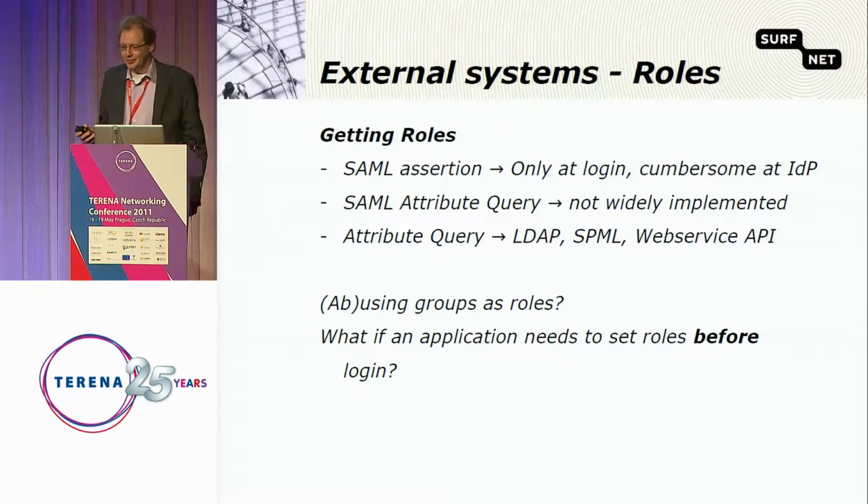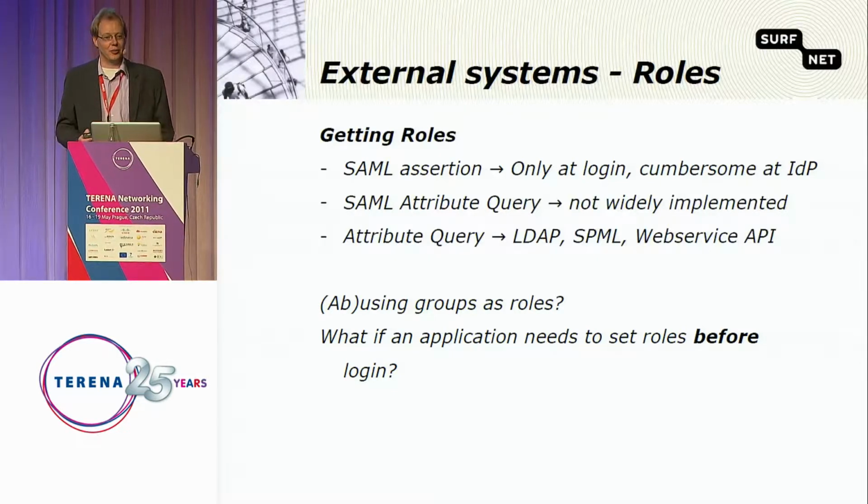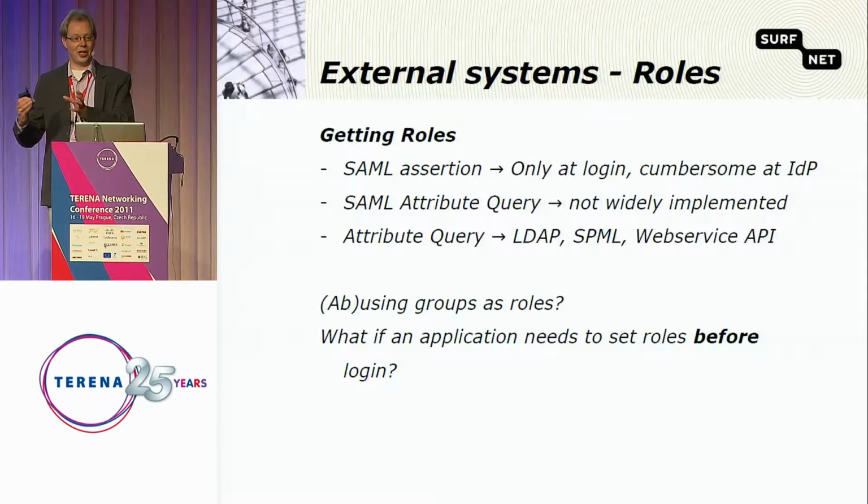Getting and applying roles can be done based on the information you have by now. Again, you can use the same mechanisms to transfer this. What we currently see is that you must take care that users will not start abusing groups as roles, because then you will get a group: this is the group of admins that can manage service XYZ.